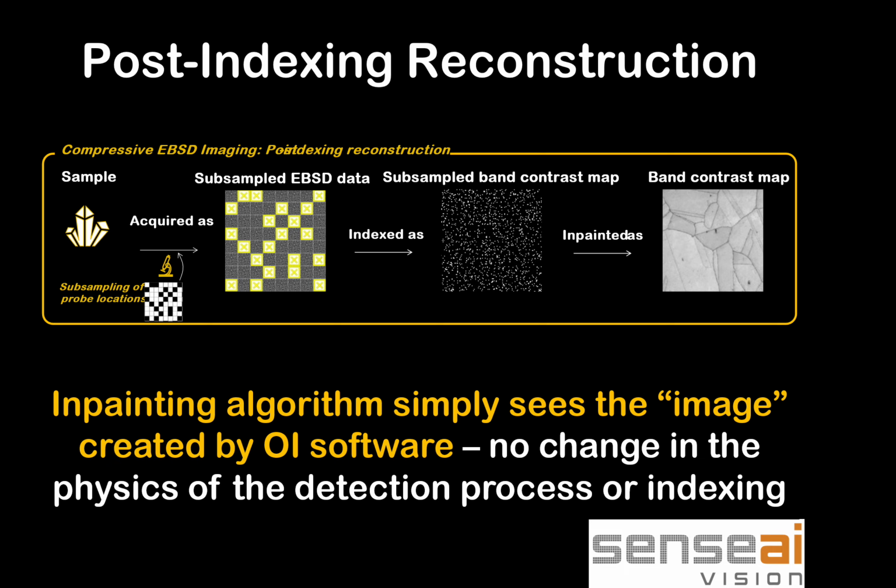We're not, in doing the sparse sampling, changing anything about the physics of the process on the detector, and we're not changing anything that goes into the Oxford Instruments software for the reconstruction and the forming of the maps. All we're doing is saying when that map comes out, if it doesn't have all the data in it, we are going to inpaint the missing data. And as it's an image, it doesn't matter where that data comes from, it's just painting the image.